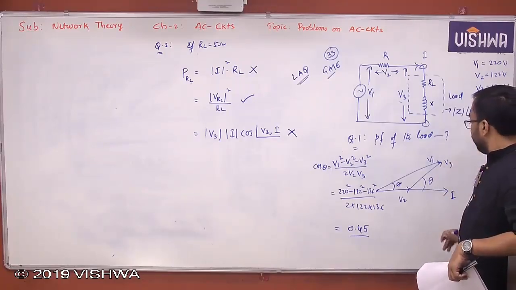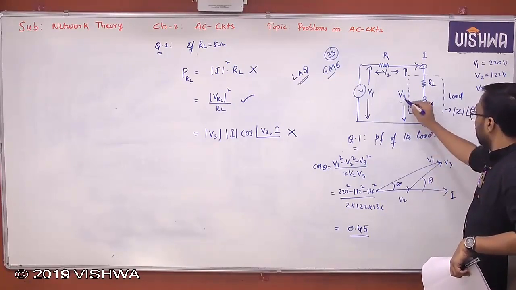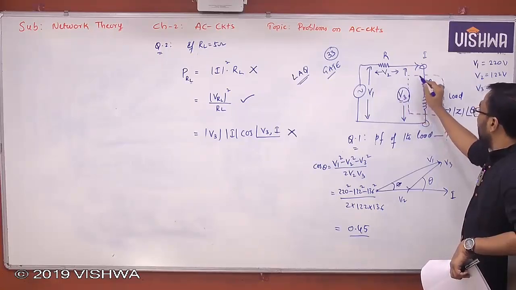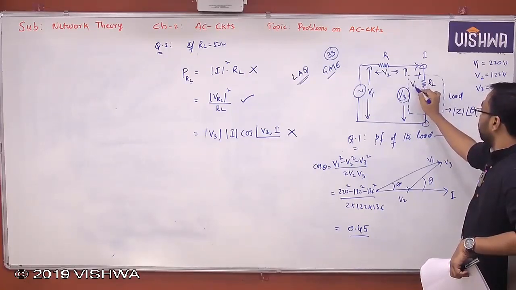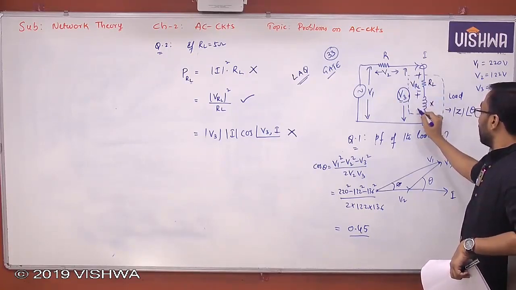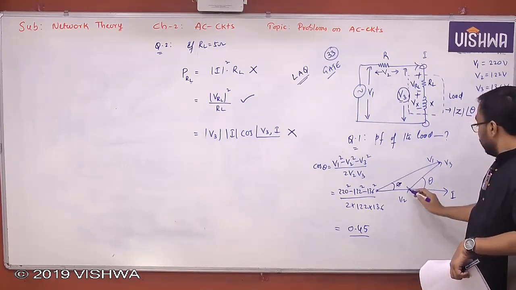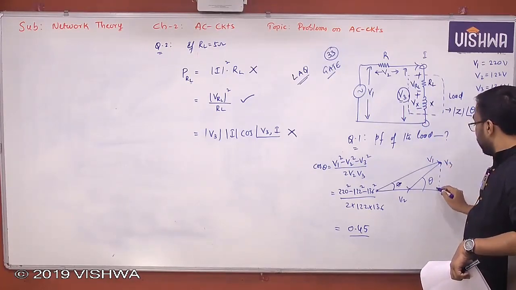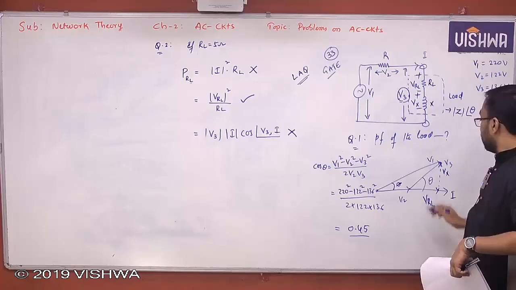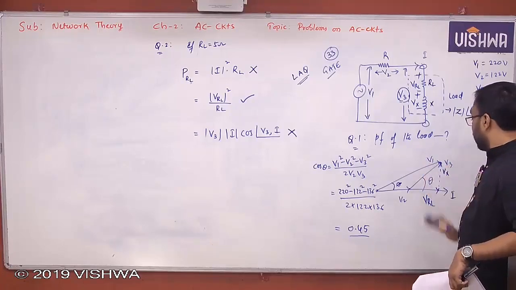Now from this you can see, this is V3. The V3's horizontal component is VRL. V3's vertical component is Vx. This is V3, the horizontal component VRL, and the vertical component is Vx.